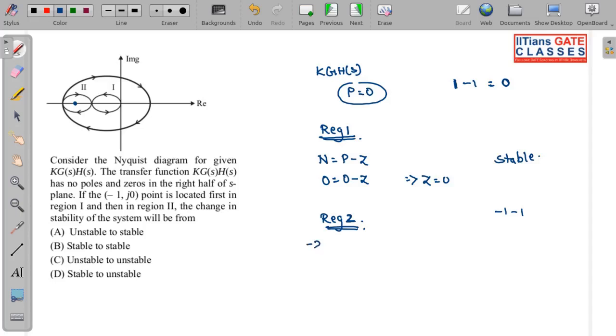So this comes out to be -2 is equal to P minus Z. So Z comes out to be 2. So the number of poles of CLTF in the right half of S-plane is equal to 2. So that means system changes from stable to unstable. So which option do we see? Stable to unstable, option D. Okay, so option D is your correct answer.